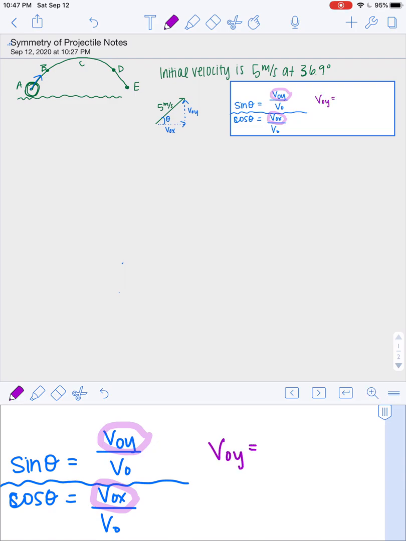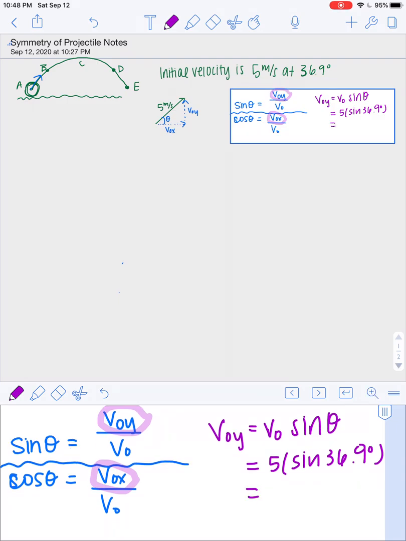So my initial velocity in the y direction, that y component, is going to be that initial velocity times sine of theta. And so that's going to be 5 times sine of 36.9. Make sure your calculator is in degrees for this class. I know maybe you have it in radians for your math class. But you should get about 3 meters per second.